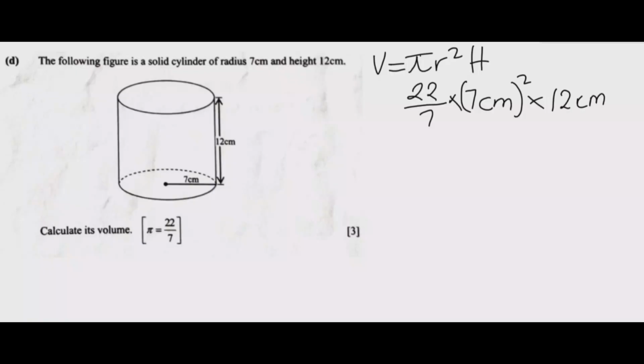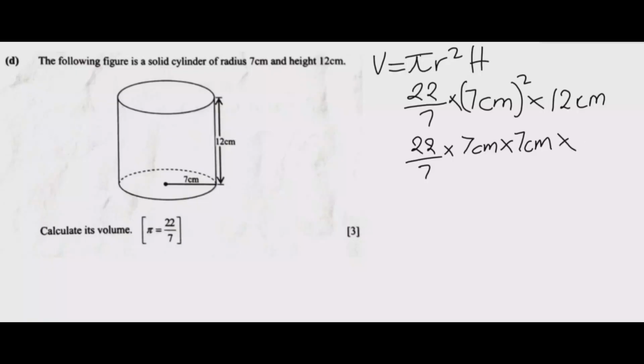Now once we have done this, the next thing is to first expand this expression here, 7 cm squared. So we're going to write 22 over 7 times, then we expand this, that will become 7 cm times 7 cm, then times 12 cm.